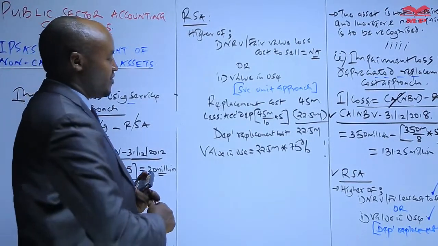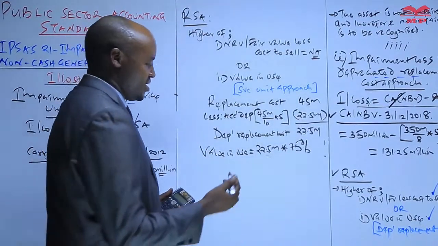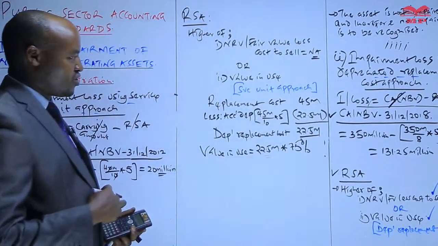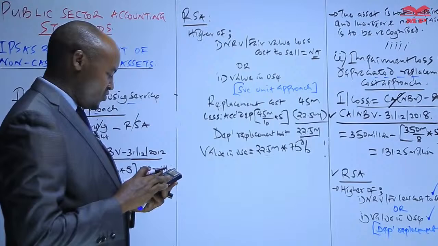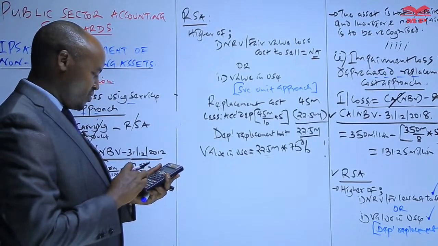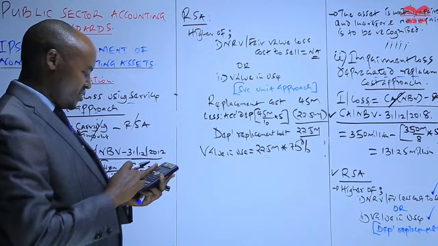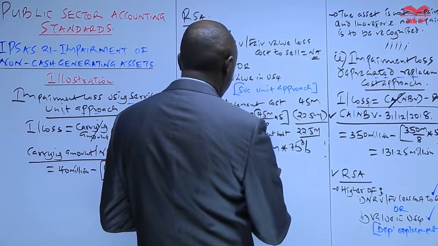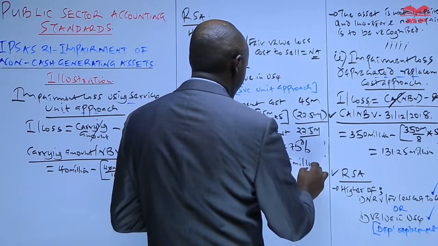Therefore, to compute the value in use, we have taken the depreciated replacement cost and adjusted it by multiplying with the proportion of the remaining service units. So we have 22.5 times 75%, which gives us 16.875 million.